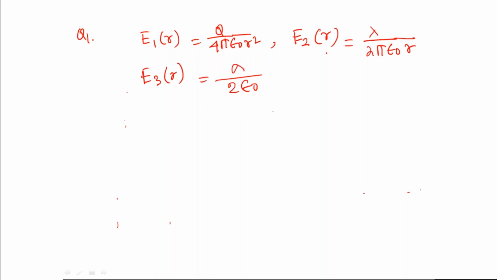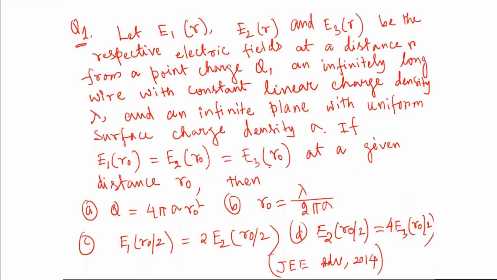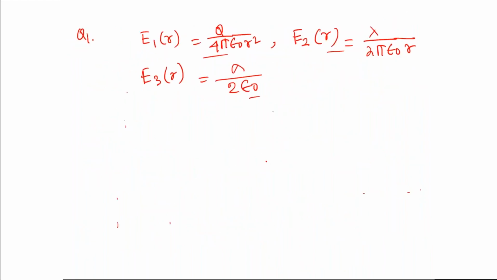Now look at the question. It says that at a certain distance, if all these electric fields are the same, then which one of these four options will be correct? We'll take this condition first: E1 at R0 is equal to E2 at R0 is equal to E3 at R0.